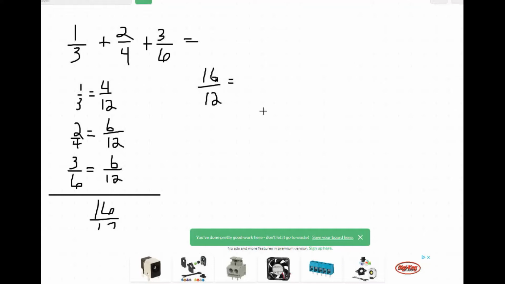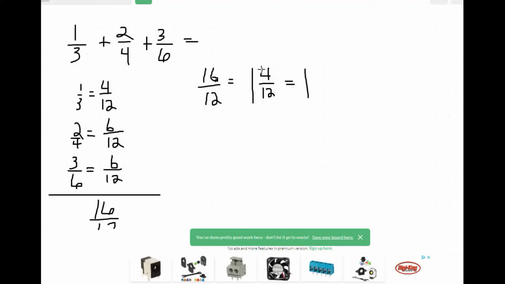Let me give you a second and see if you can figure out what it would be. Know what you got? Okay, but this can be simplified. Now the 1 can stay the same. We don't have to change it.